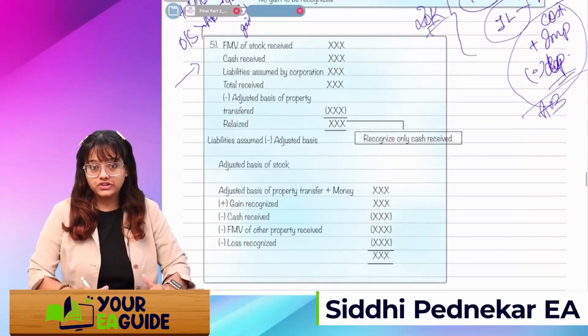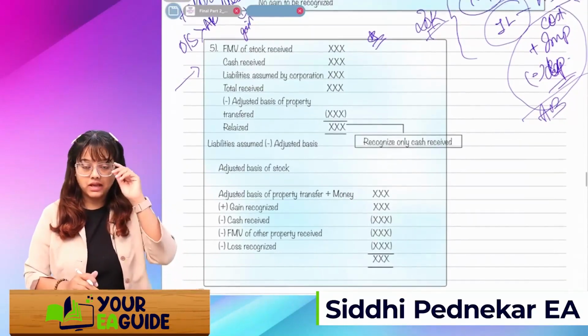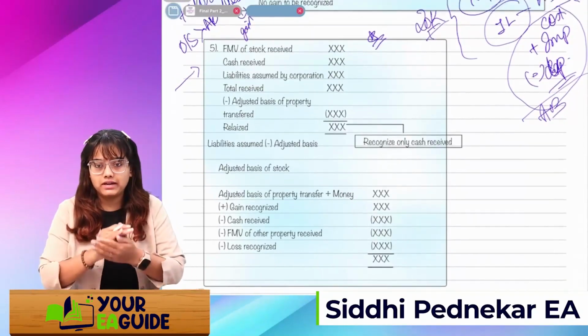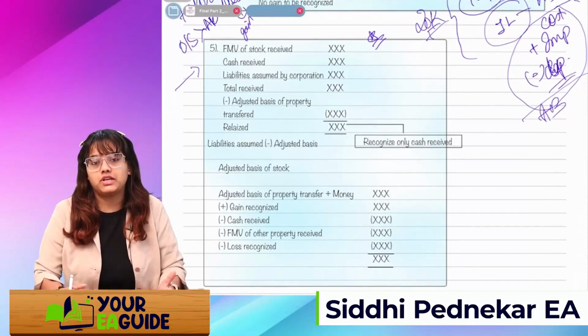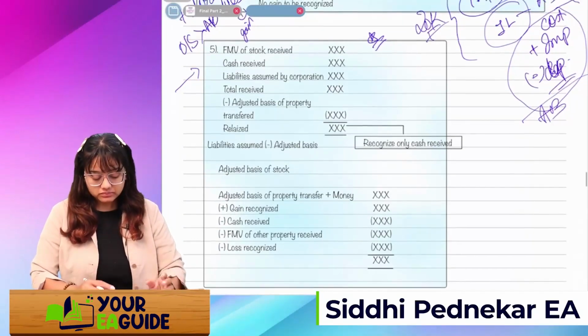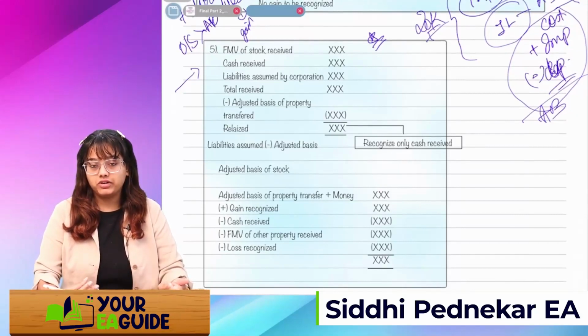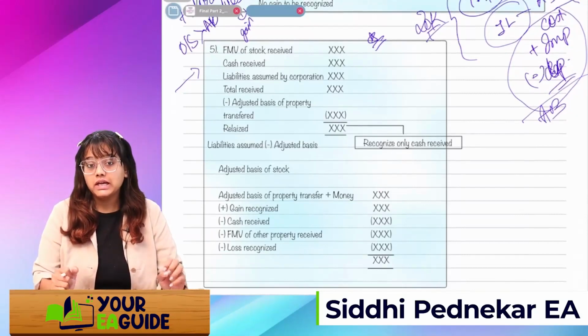Okay. So this is an important formula for you to remember, and this will help you solve any question from the corporations chapter. First, whatever stock we are receiving, just take the FMV. It will be given in the question, so don't worry. Take the FMV of the stock which we are receiving.